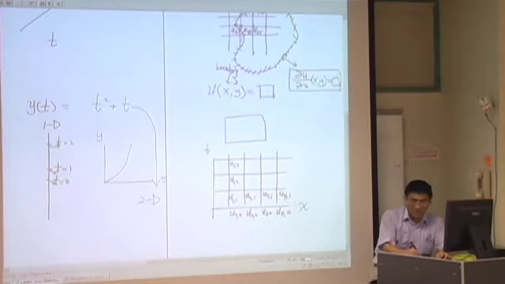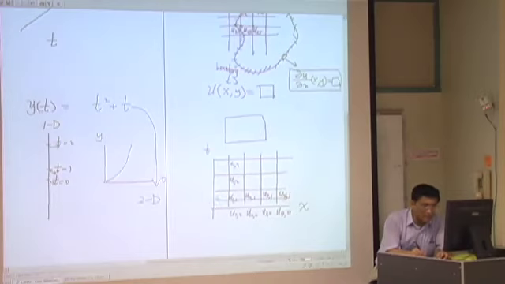So to avoid this kind of problem, we should refine this kind of interval. Then we may get a reasonable result.